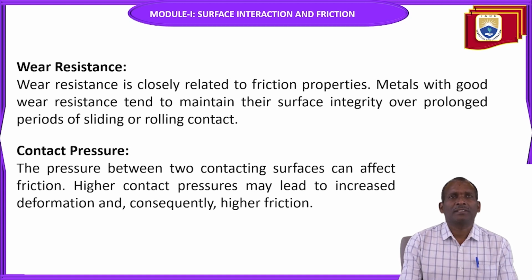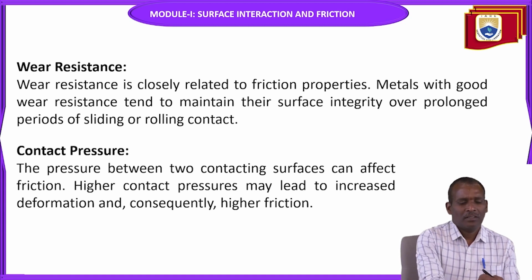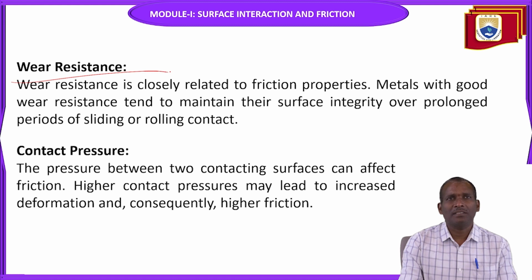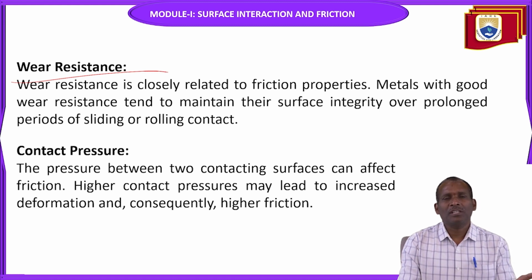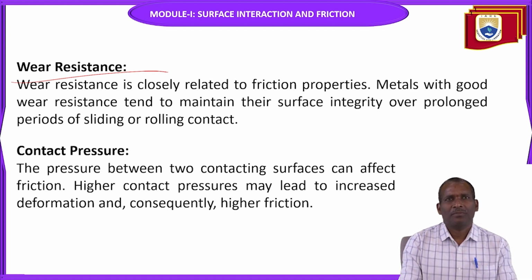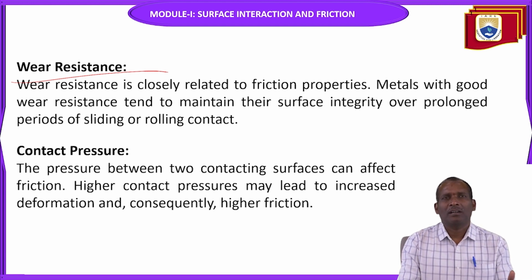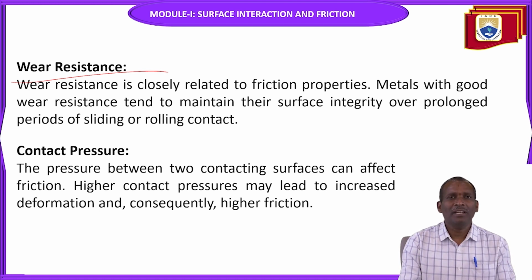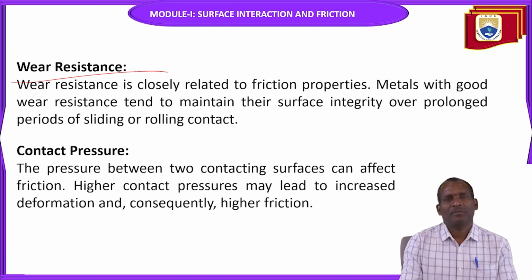Now, wear resistance. Wear resistance is closely related to friction properties. In the previous slide we have already seen that a harder material withstands wear, but it also has more friction. It can withstand the wear, and the friction is also very high.